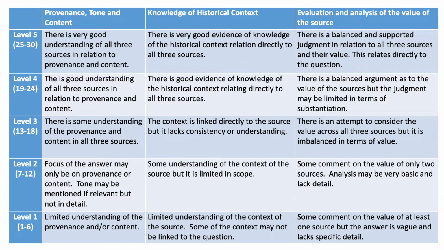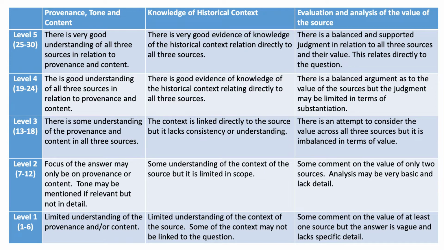So for example, level 1: a limited understanding of the provenance or the content, and some comment on the value of at least one source. So if you only do one source, you're only going to get level 1.